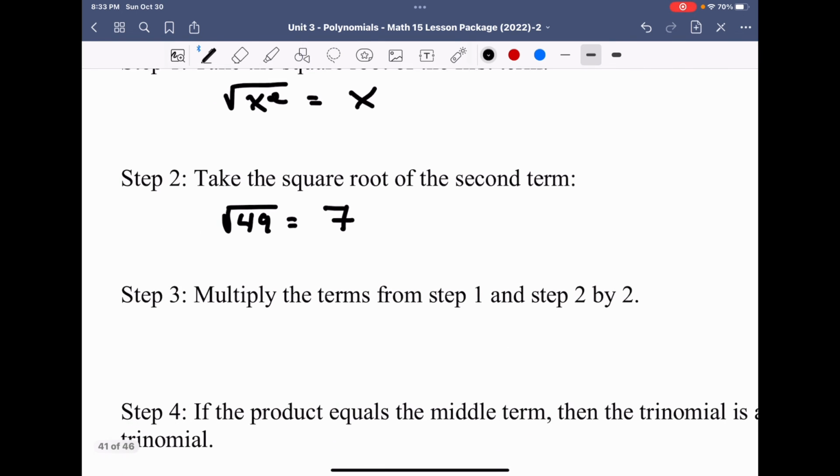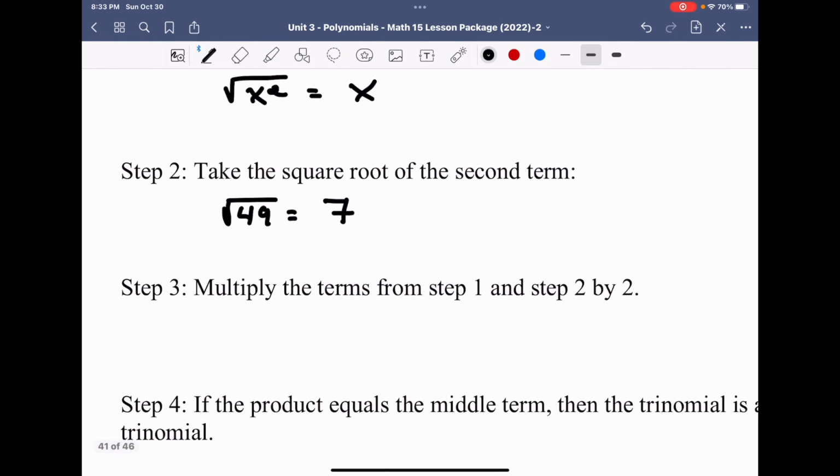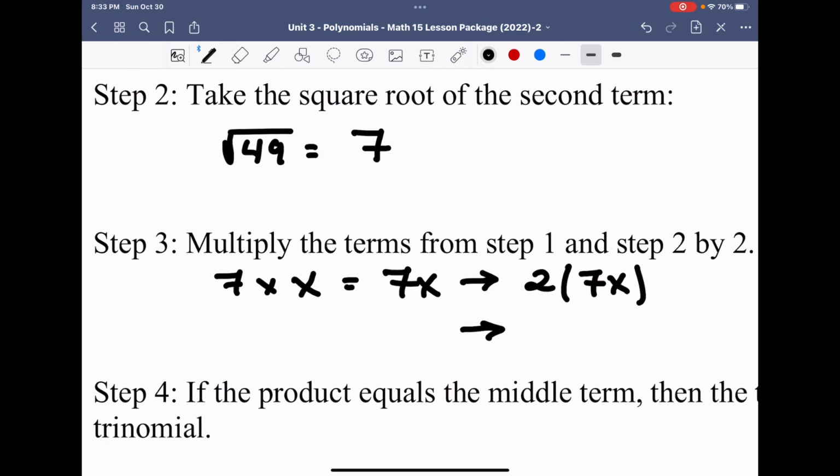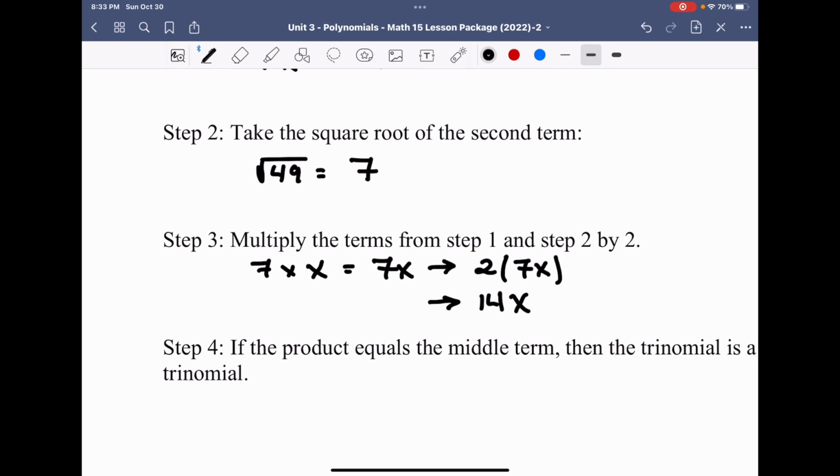Now I'm going to multiply the terms from step 1 and step 2, and then multiply it again by 2. So this is 7 times x, which is equal to 7x. But then they say we need to multiply this by 2, so it's 2 times 7x, and that is equal to 14x. So what do we notice about this?